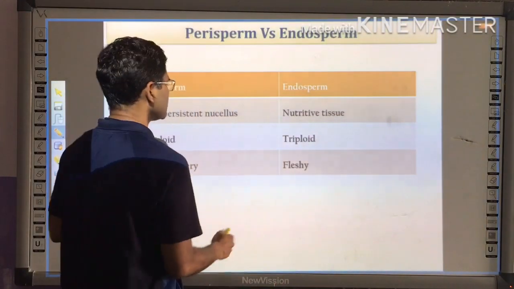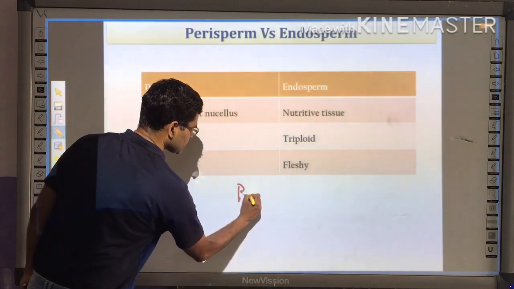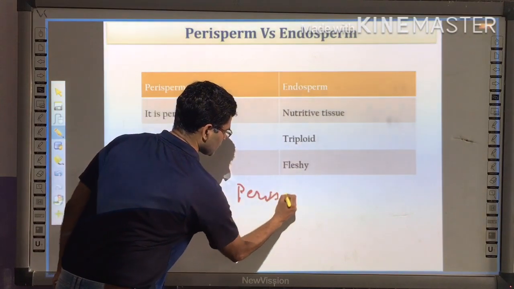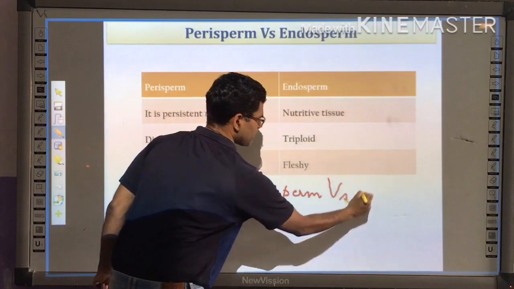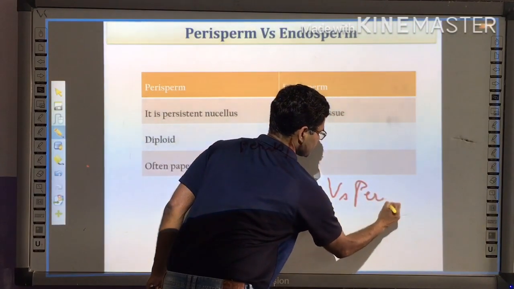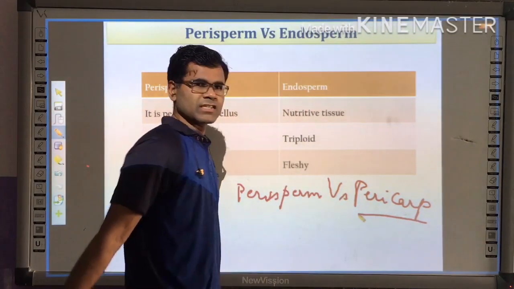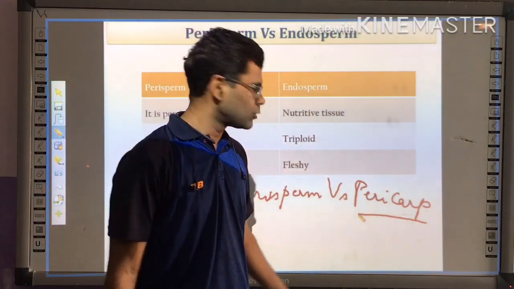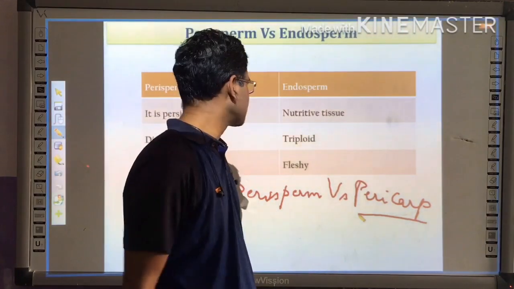So in your notes, maintain the difference of perisperm versus endosperm, and perisperm versus pericarp also. In the first slide I told you pericarp is the covering of the fruit. That we will see in coming slides.